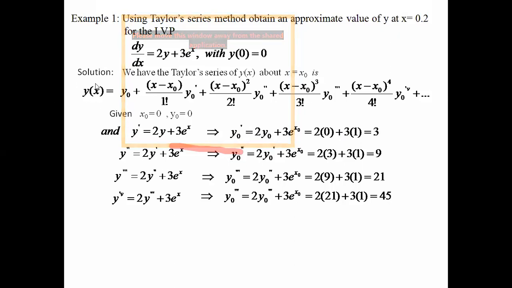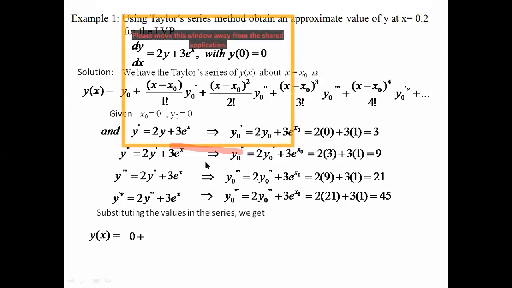So the Taylor series is given by y of x is equal to, y naught. Y naught is 0. So y of x is equal to, first term is 0, plus x minus x naught by 1 factorial into y0 dash. But you know that x naught is 0. So this becomes x minus 0 by 1 factorial into y0 dash, that is 3. Plus the next term is x minus x naught, x naught is 0, so x minus 0 whole square by 2 factorial into y0 double dash.